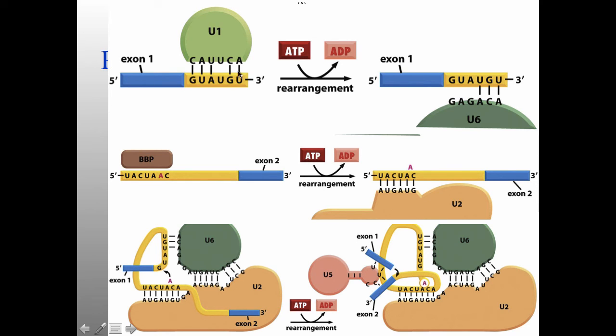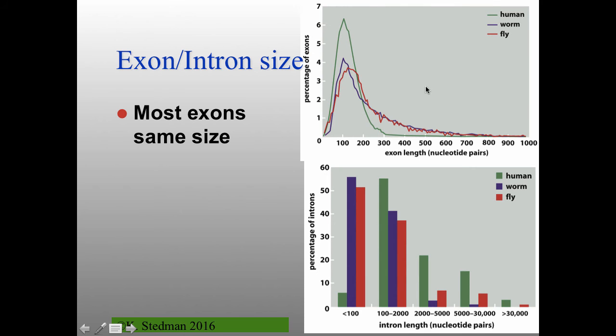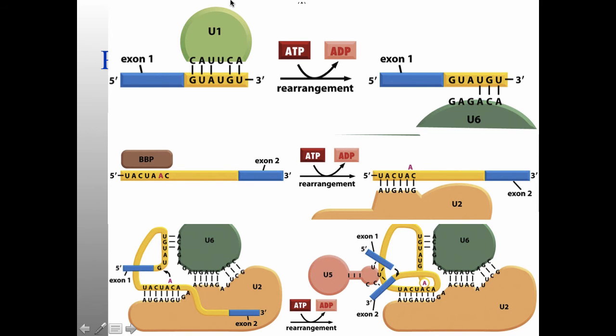To start with, you've got U1 that associates here at the 5' end of your intron, but in order to get splicing to take place, you actually need to have U6 bound to the 5' end of your intron. And that change, going from one to the other, requires ATP hydrolysis, because what you're doing is pulling one pair of RNAs apart and putting another pair of RNAs together.